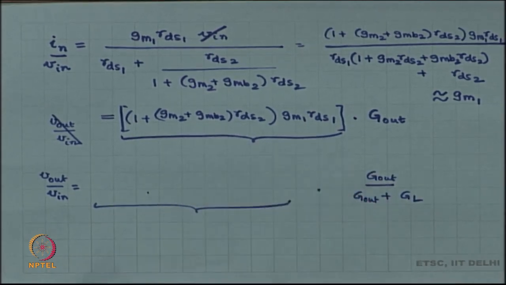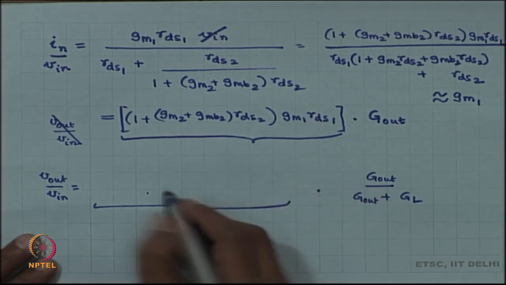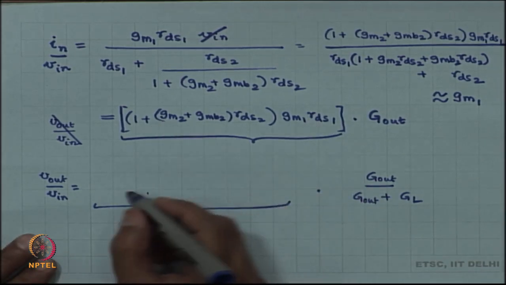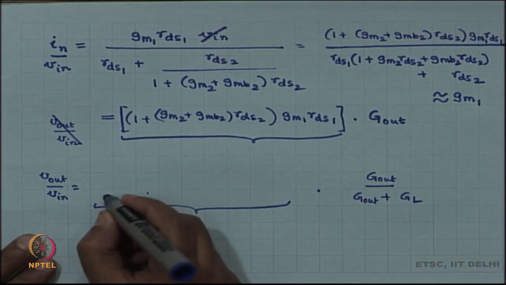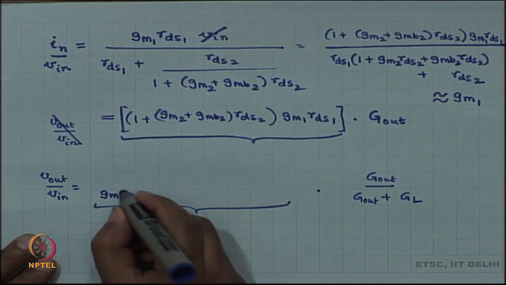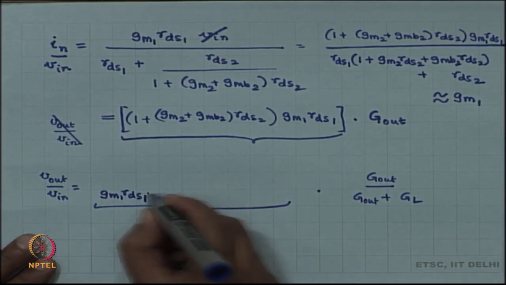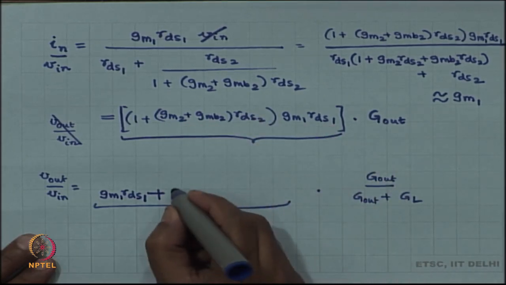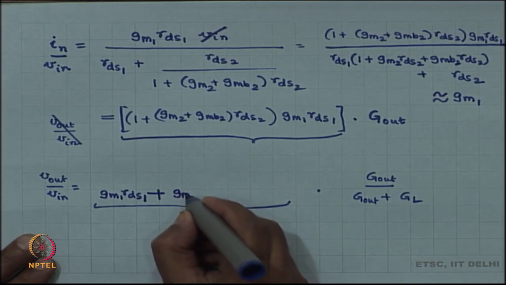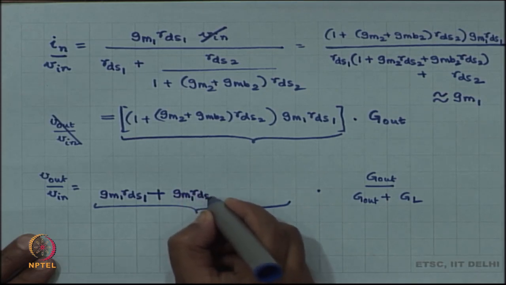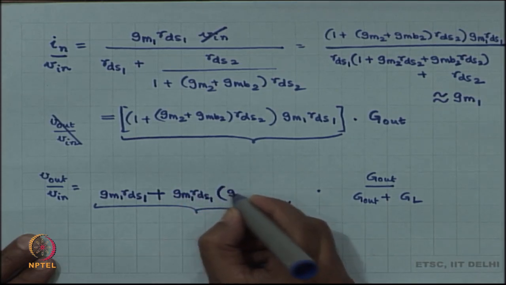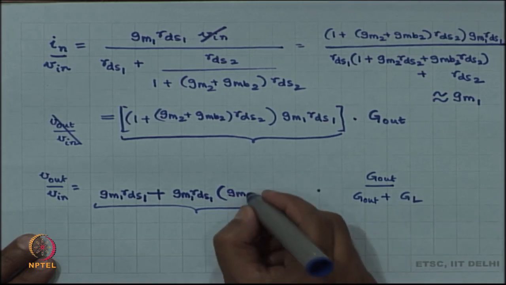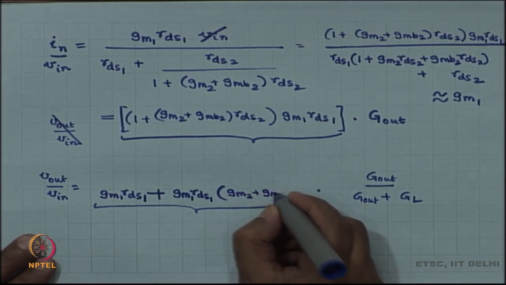The voltage gain is just this other factor, which is GM1 RDS1 plus GM1 RDS1 times (GM2 plus GMB2) RDS2.